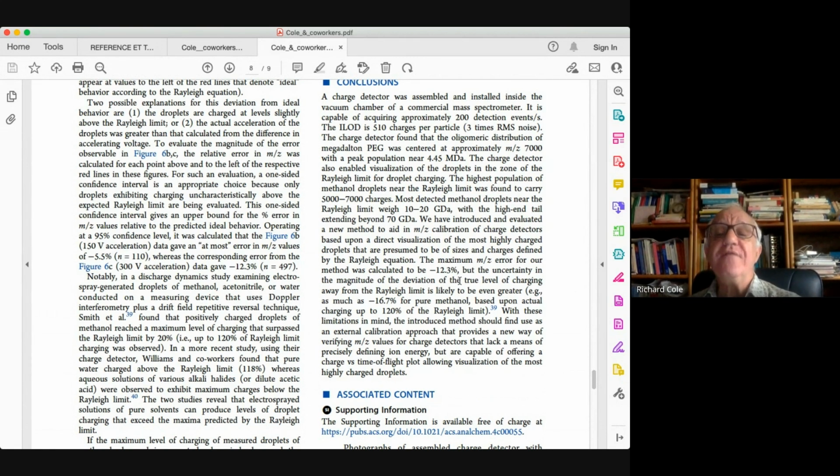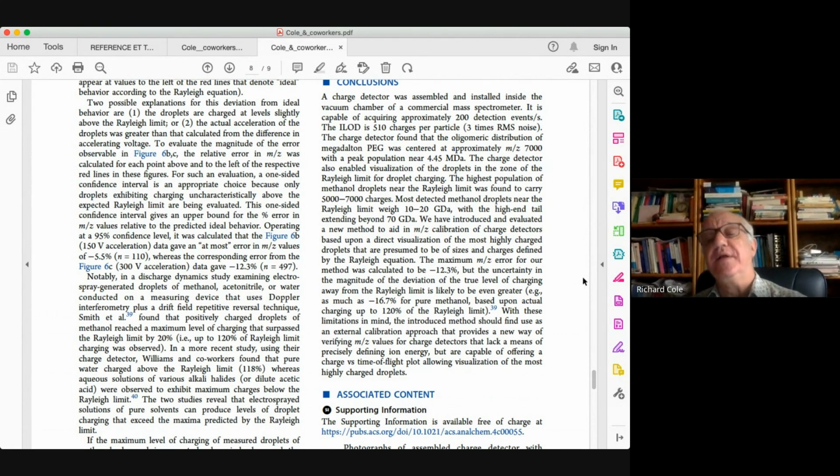If we have an error of about 12% here, that gives you an indication of using this method as a calibration method. Just to remind you, Beecham and co-workers showed that the actual charging was about 120% of the Rayleigh limit. So we're in a zone where the actual charging level of those droplets compared to that predicted by the Rayleigh equation might give more of an error than the mass to charge value measured in our instrument.